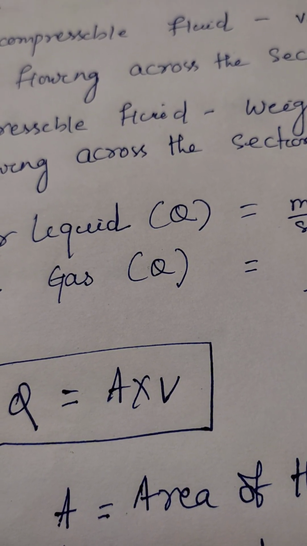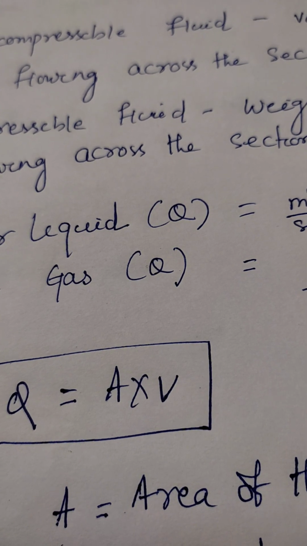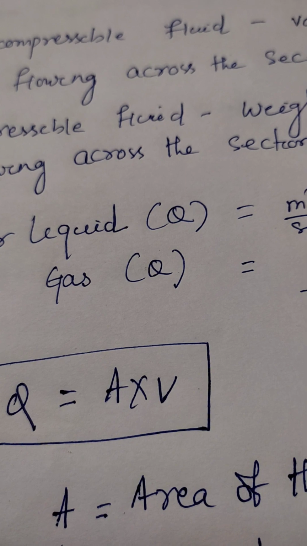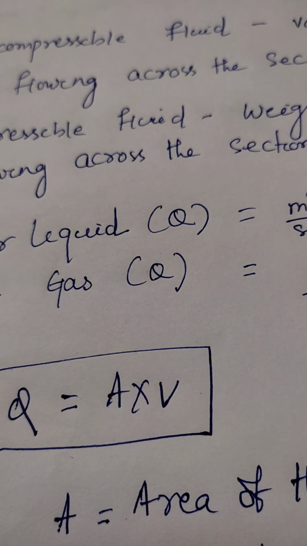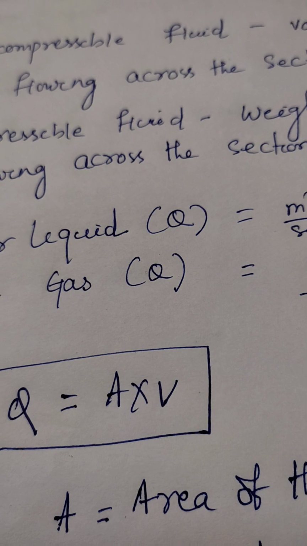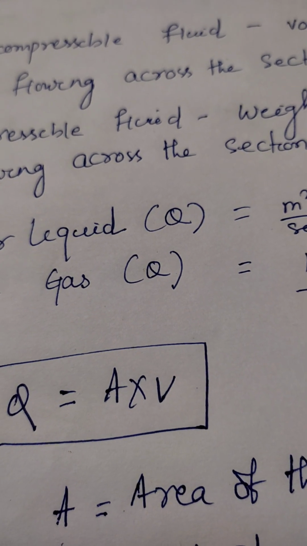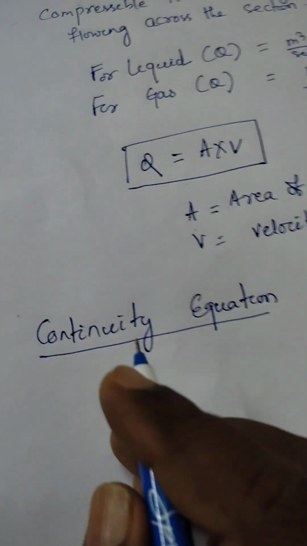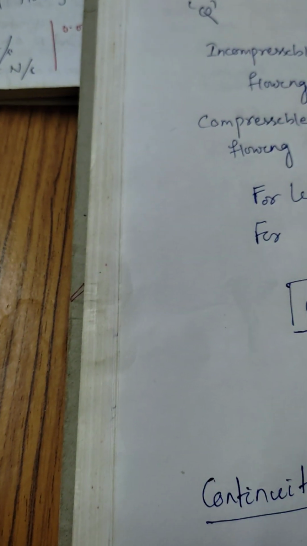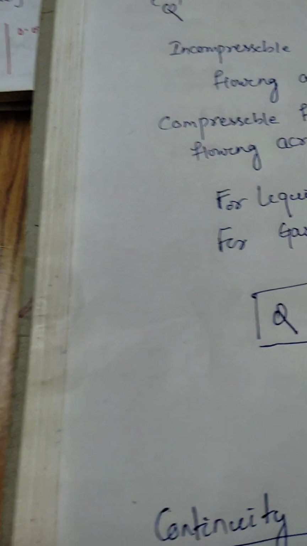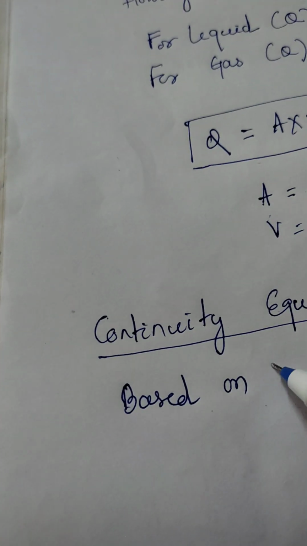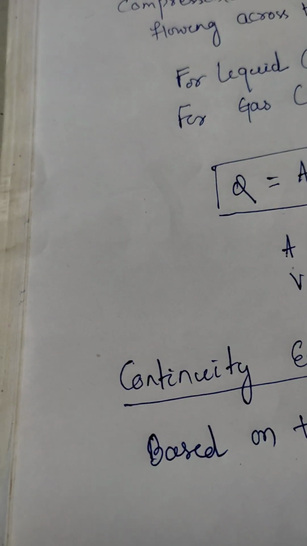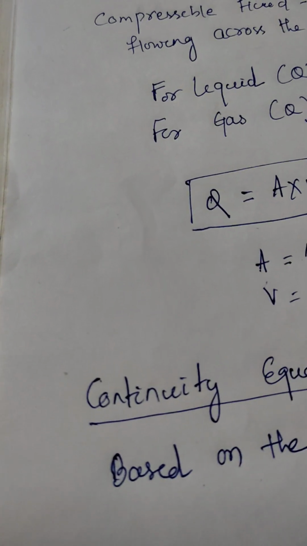So how can we use it in a pipe or a channel when water or any type of fluid is flowing? For this purpose, we consider a cross section or a cut section of a pipe or channel.